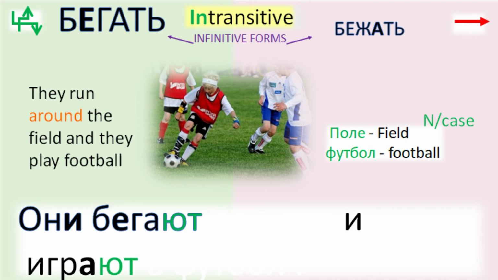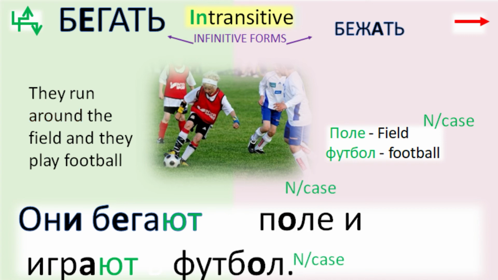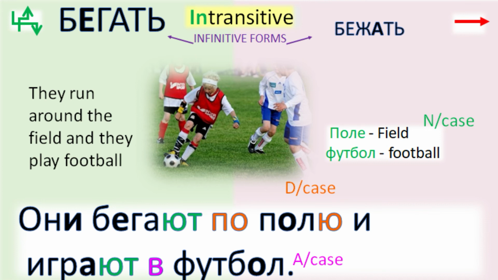Note that Играют and бегают have the same endings. Choose the correct cases for Поле and футбол. Они бегают по полю и играют в футбол.